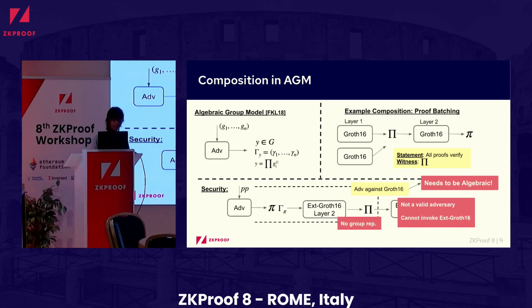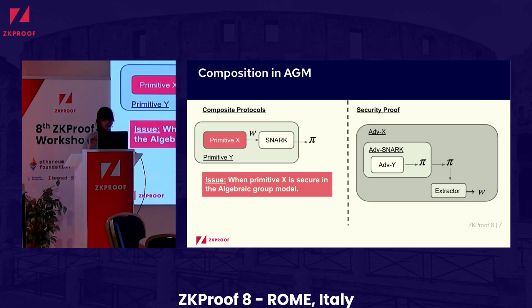That can't work because when we apply this layer 2 extractor, it wouldn't know the group representations, so it can't give us that, and we can't build a valid reduction. So putting it all together, the issue is that when we try to do this reduction to the security of primitive X, we need to build an algebraic adversary, and we can't do that.